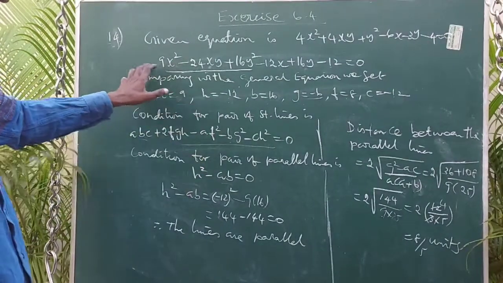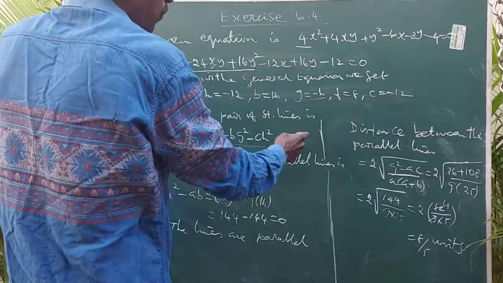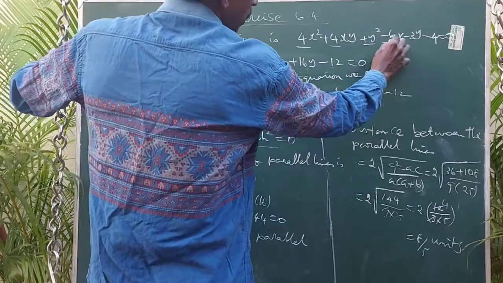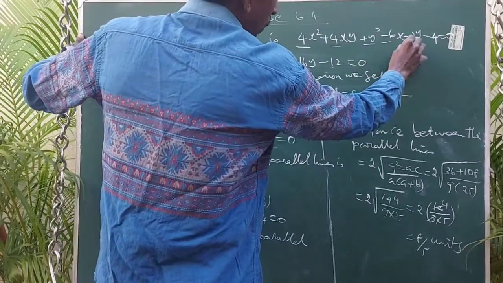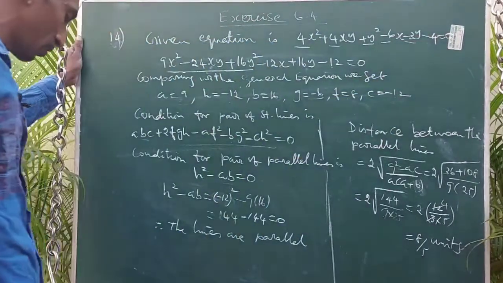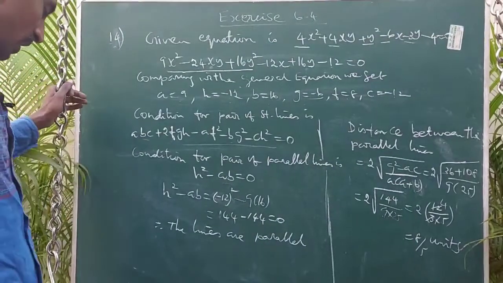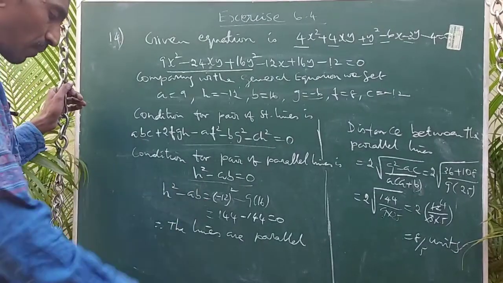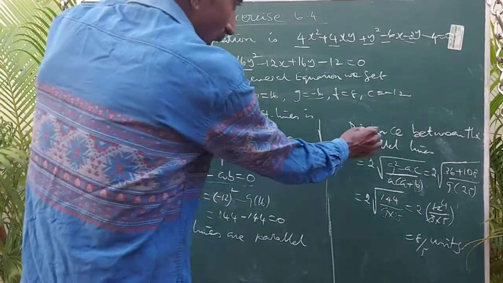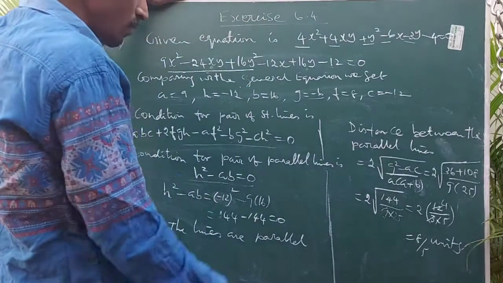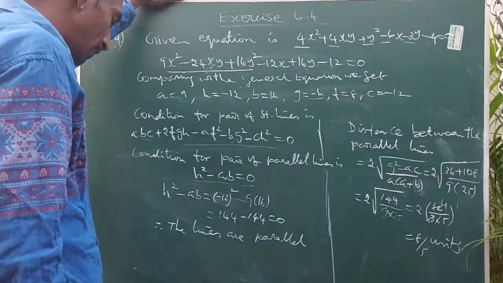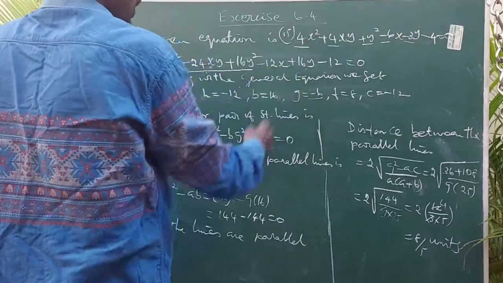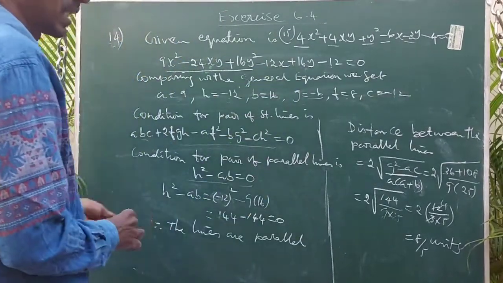We are getting a = 4, h = 4/2 = 2, b = 1, g = −3, f = −3/2, c = −4. If we check the condition, h² − ab becomes 4 − 4 = 0. Again, it represents a pair of parallel lines. Use the same distance formula and we are getting root 5. So solve question number 15 yourself, with the same formula and the same method.